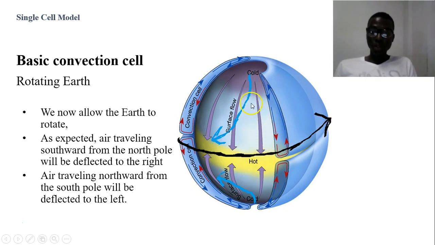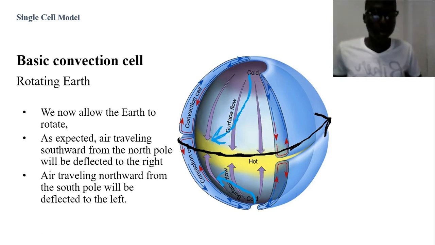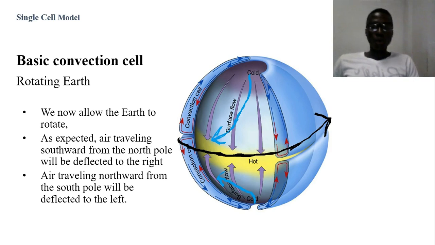But due to the Coriolis effect, which is due to the Earth's rotation, as it flies down towards the equator, it will be deflected to the west of its intended path, unless of course the pilots keep steering it and anchoring it towards its intended path.